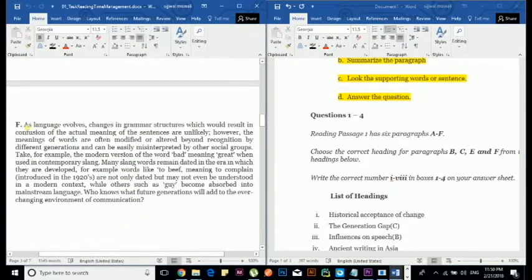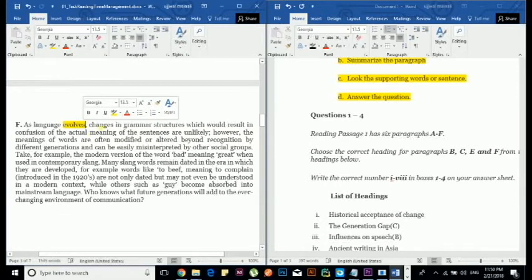So here is our final paragraph, and at the very beginning, let's go through the first sentence and look at the keywords here. As languages evolve, changes in grammar structures which could result in the confusions of the actual meaning of the sentences are unlikely. However, the meaning of the words are often modified or altered beyond recognitions by different generations and can easily be misinterpreted by other social groups.